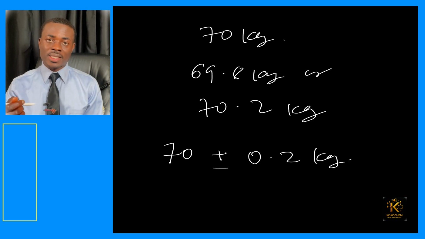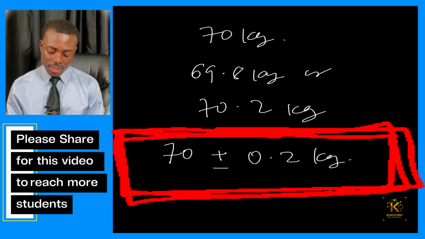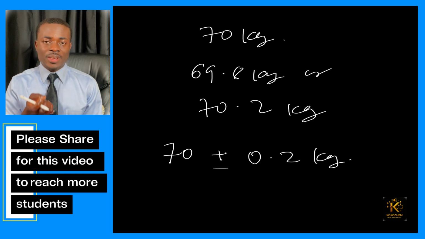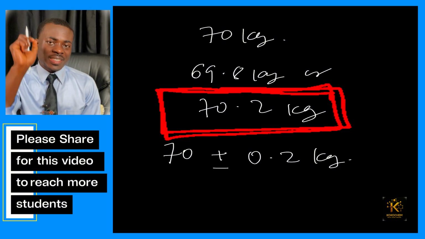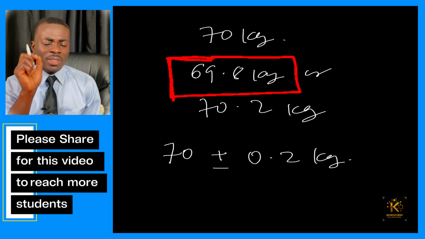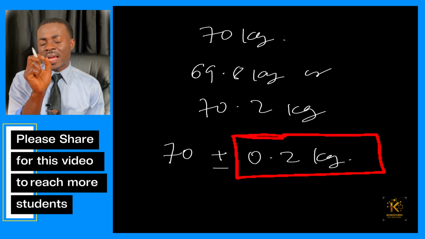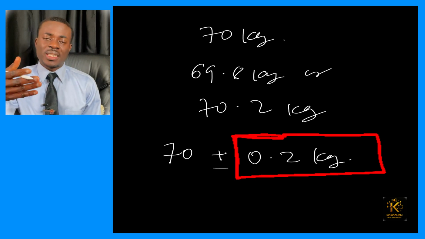Your weight can be written as 70 plus or minus 0.2 kilograms. All that we are saying here is that your weight, which is 70 kilograms, can be either a little bit higher or a little bit smaller than 70 kilograms. That tiny error in the measurement is what we are calling uncertainty.